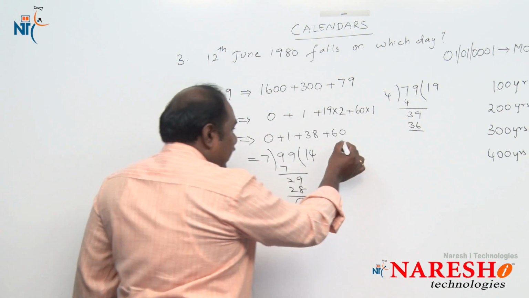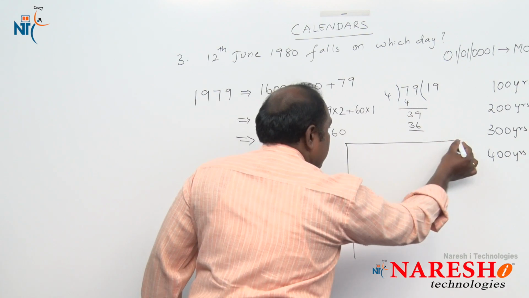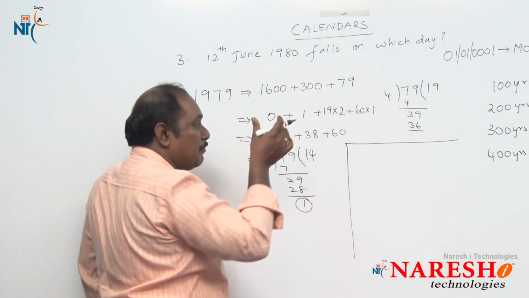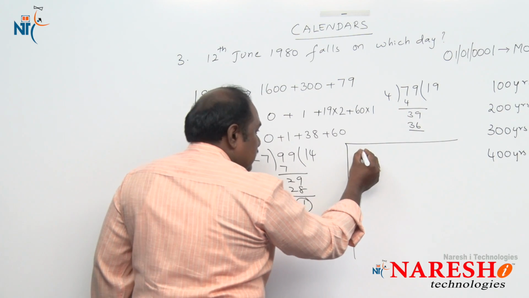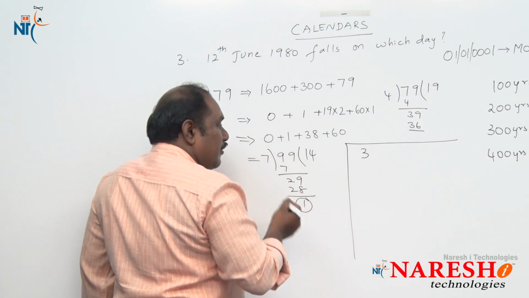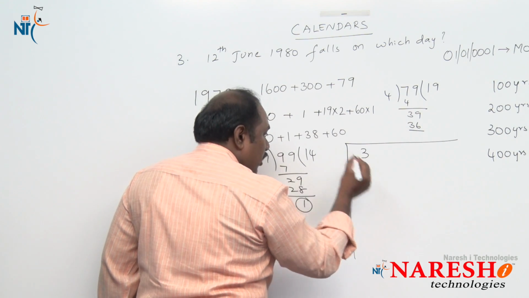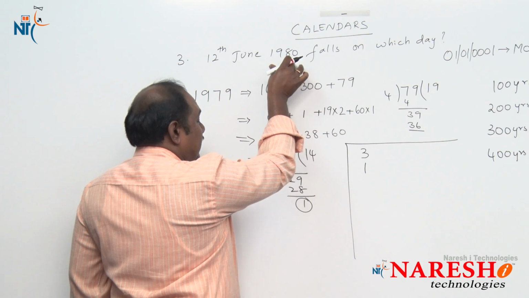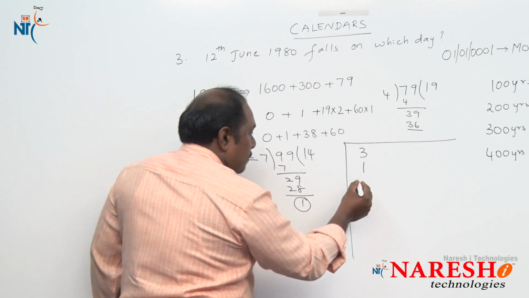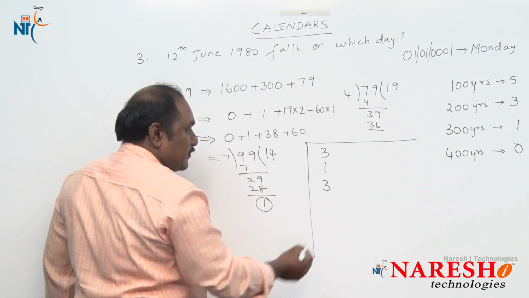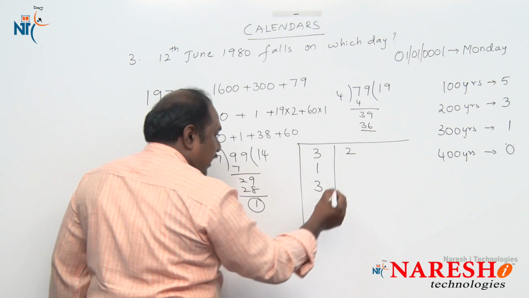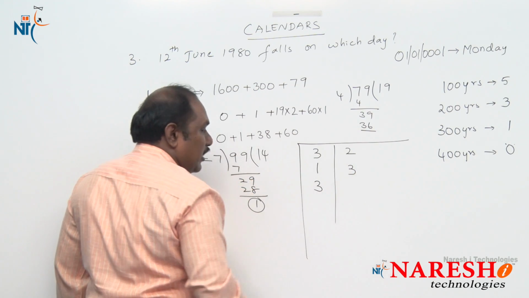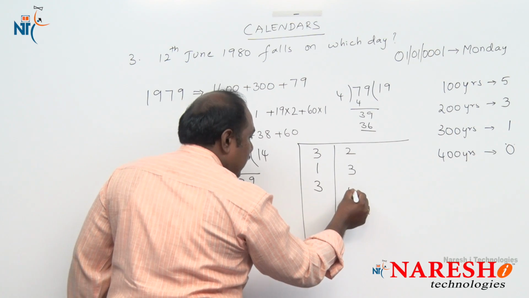Now for 12th June 1980, we need to start from 1980, that is from the month of January. January has 3 odd days, February has 1 odd day because 1980 is a leap year. March has 3 odd days, April has 2 odd days, May has 3 odd days, June has 5 odd days.